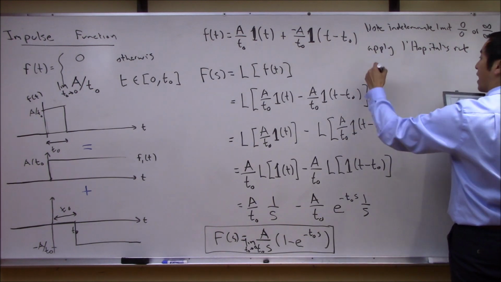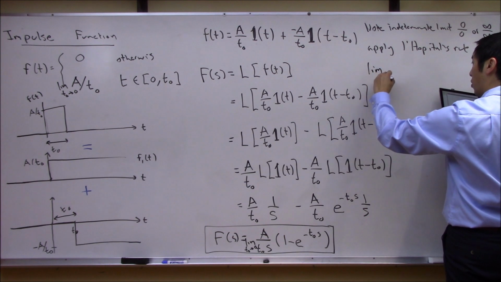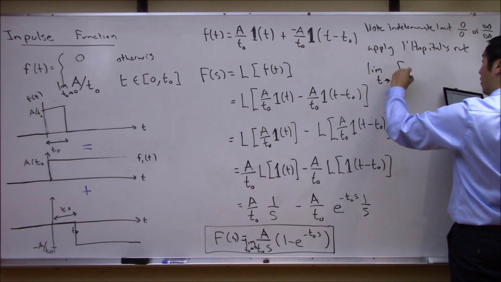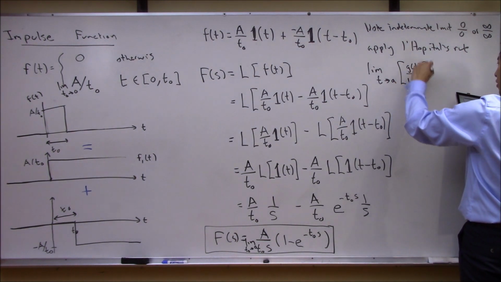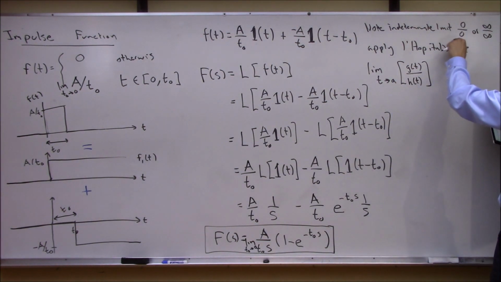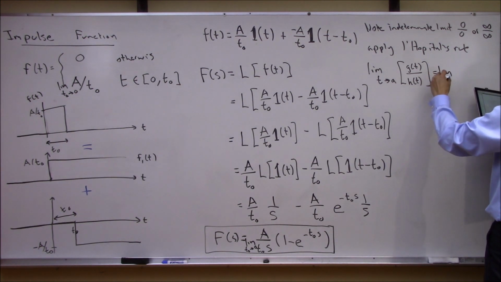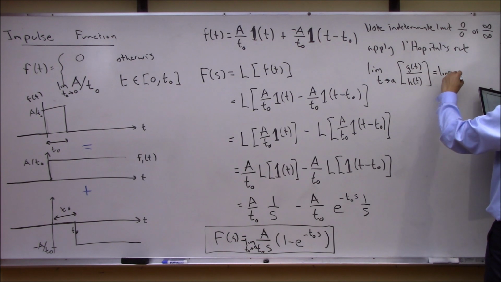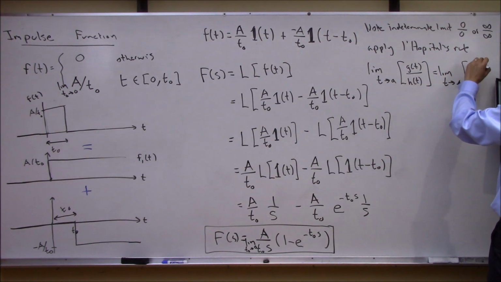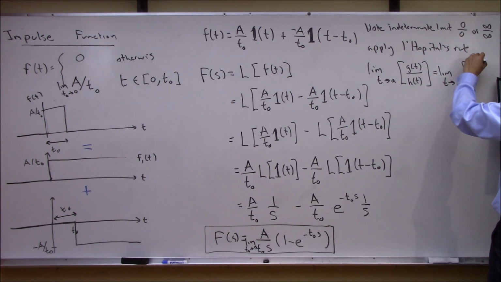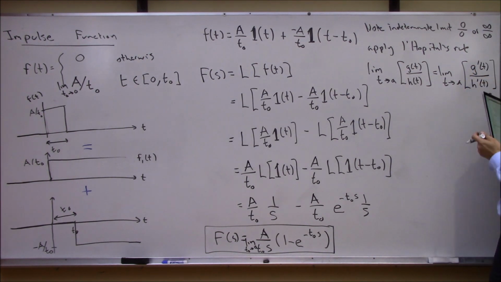What that said is, if you have the limit as t goes to a of g of t over h of t, a numerator over denominator, of this form 0 over 0 or infinity over infinity, L'Hopital's rule says that this limit is the same thing as the limit as t goes to a of the derivative of both the numerator and the denominator with respect to the independent variable.